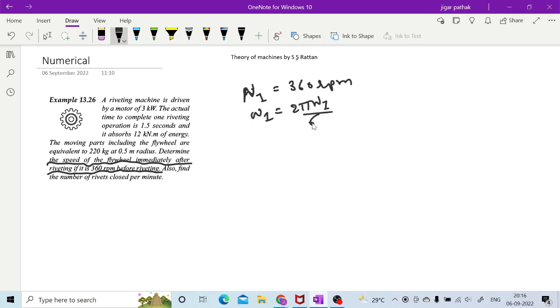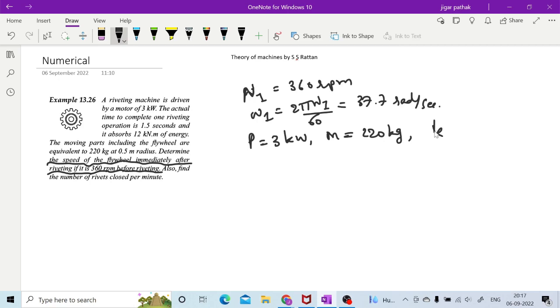If you convert it, it will be around 37.7 radian per second. Now what else are you provided? You are provided this 3 kilowatt of power, then the mass of 220 kg, then the radius of gyration small k again provided as 0.5 meter.